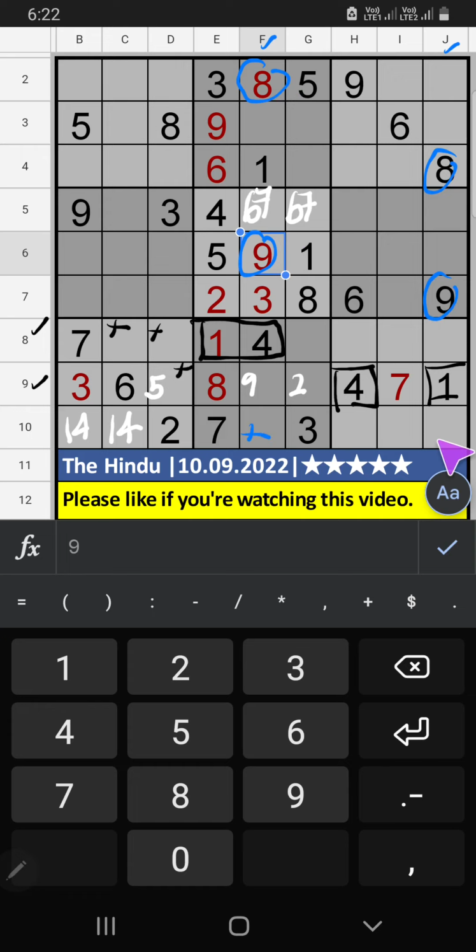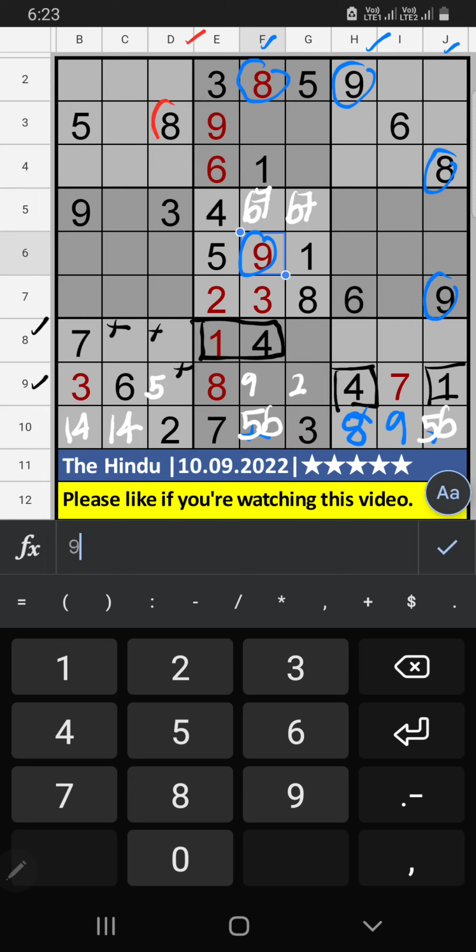So 8 and 9 can't come in these cells. It will come in one of the two cells. Column H, we already have 9. So 9 can't come in the cell, 9 is confirmed here. Then 8 is here. 10th row, 2 numbers are remaining, 5 and 6. It will come in one of the two cells. We will confirm later.